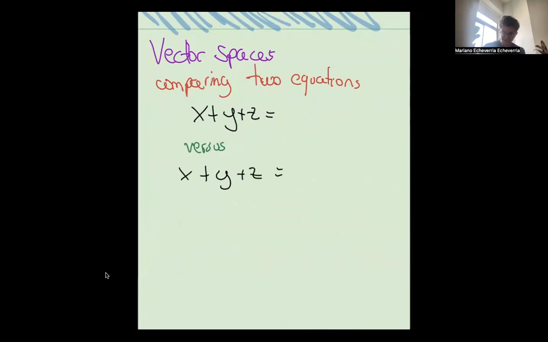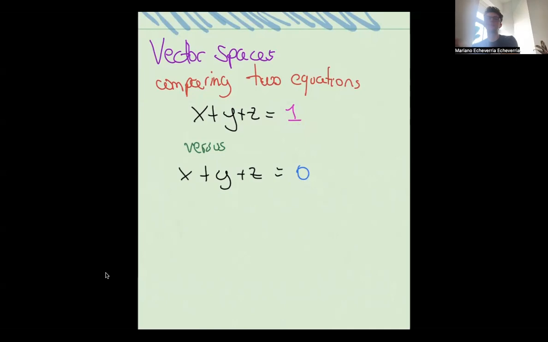Just to emphasize the difference between them, I'll use a different color here. The only difference between these two equations, right, is that in one equation, the number is being set equal to 1, and in the other equation, the number is being set equal to 0.